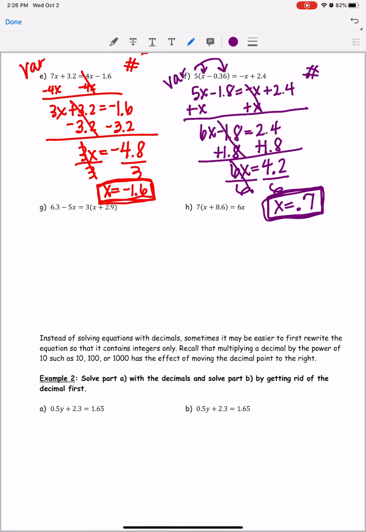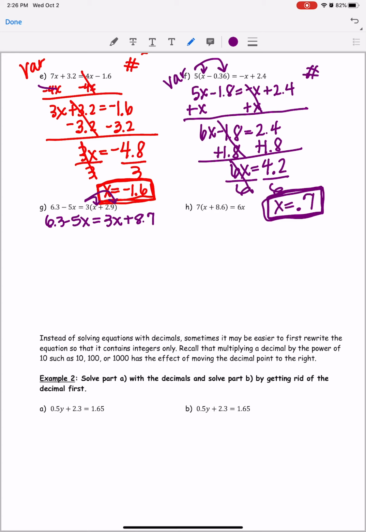All right, G is a lot the same way. It's just now I'm distributing on this side over here. So I'm going to bring down this side. We've got 6.3 minus 5x equals, we need to do 3 times x and 3 times 2.9. Okay, so now I'm exactly where I started here and where I was here after I distributed.